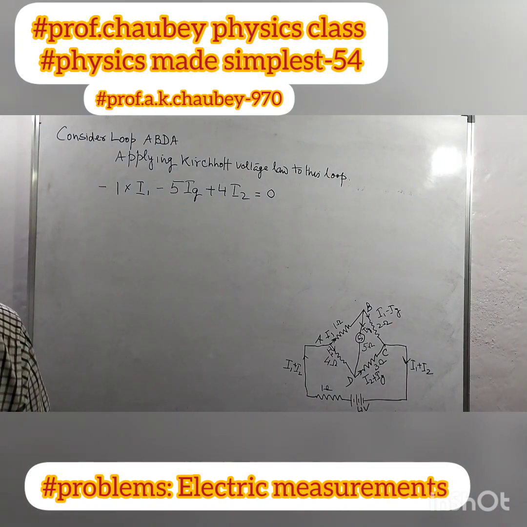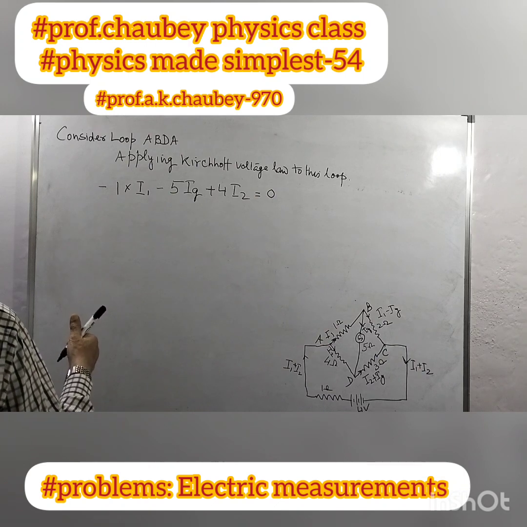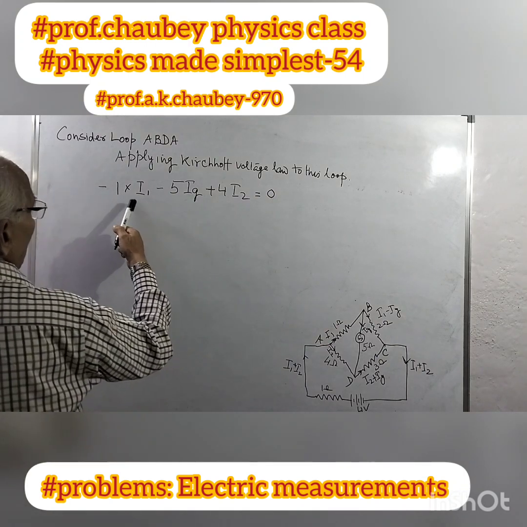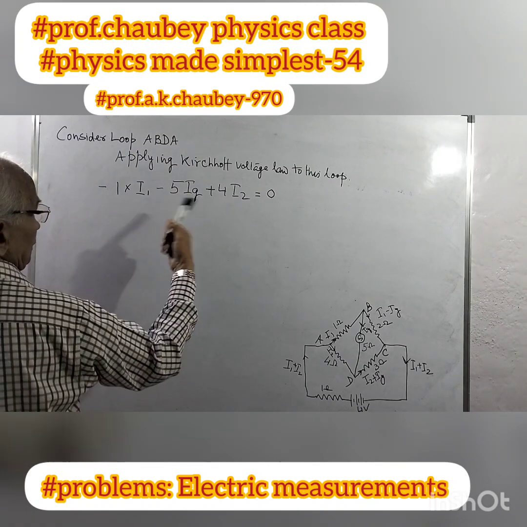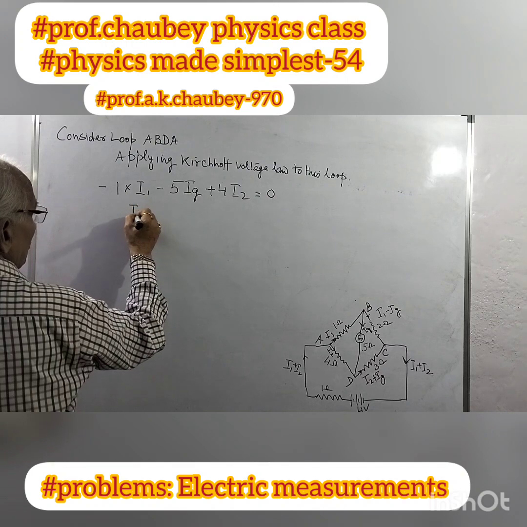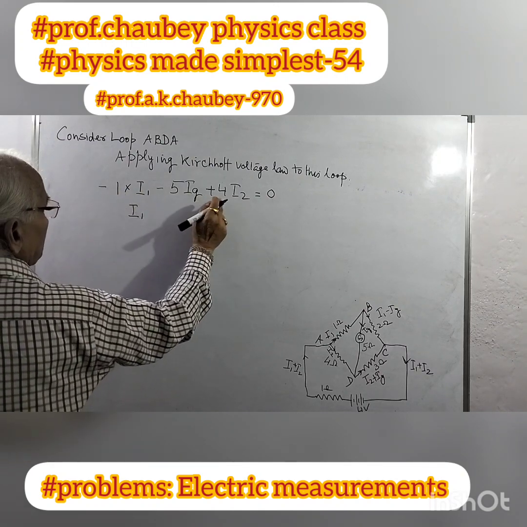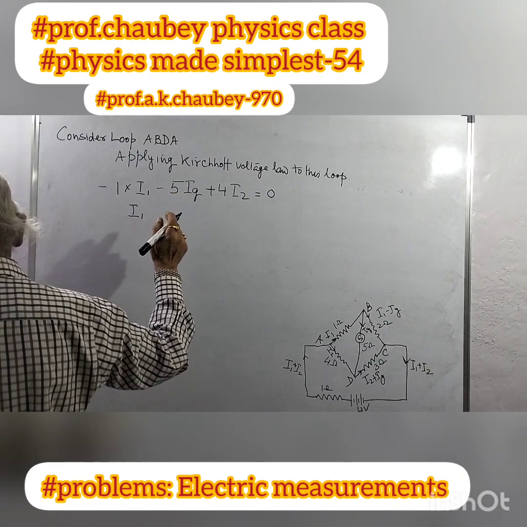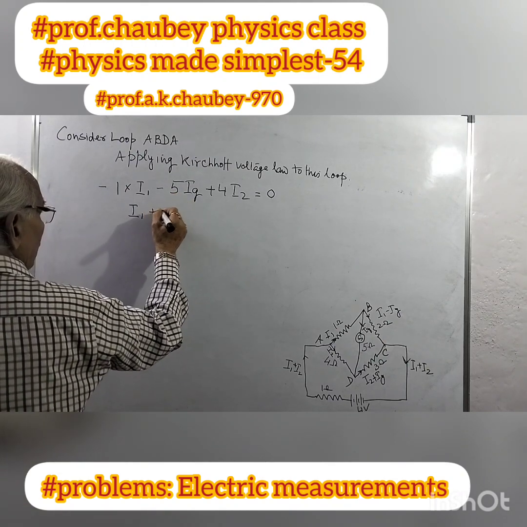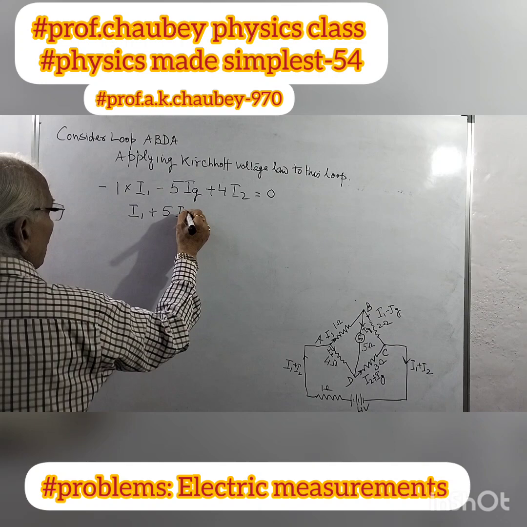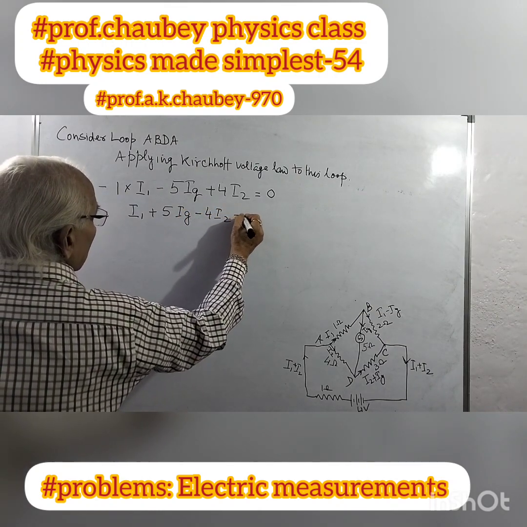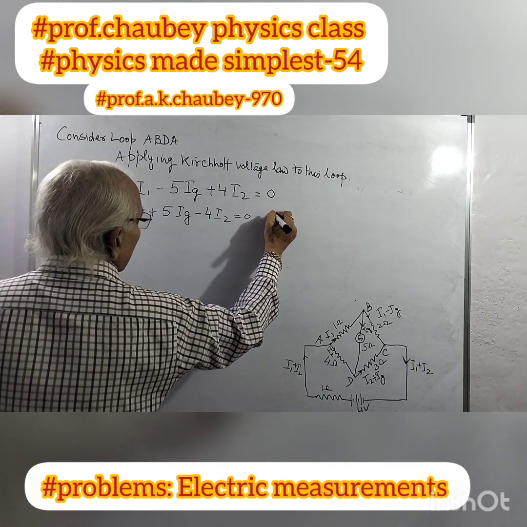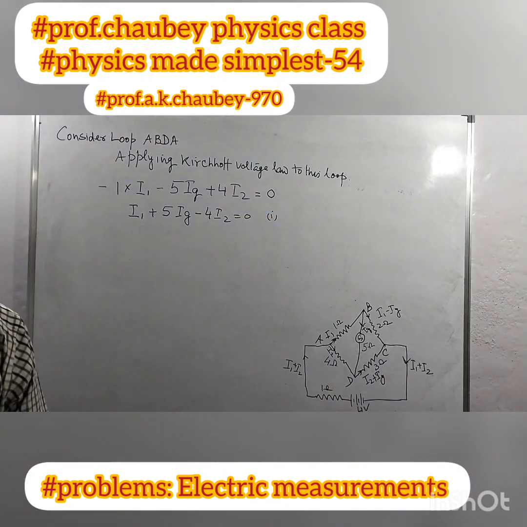Transferring this to the other side, I can write I1, this is a minus and this is a plus: plus 5 Ig and minus 4 I2 is equal to 0. So I write this as equation number 1. Then loop BCDB.